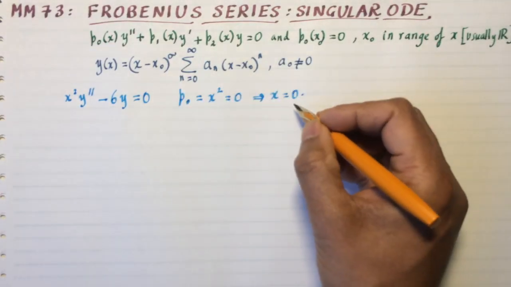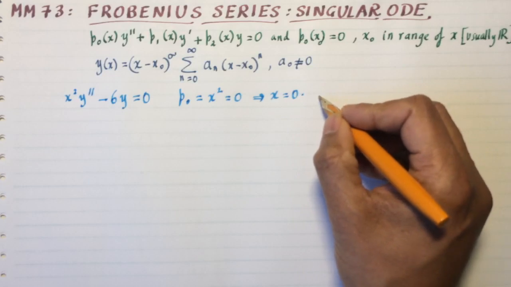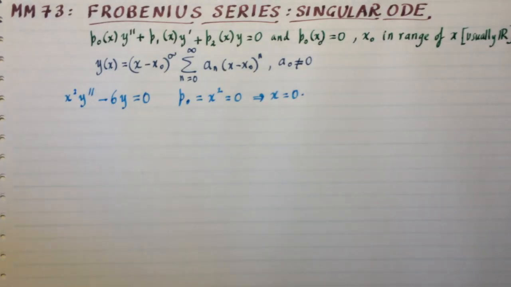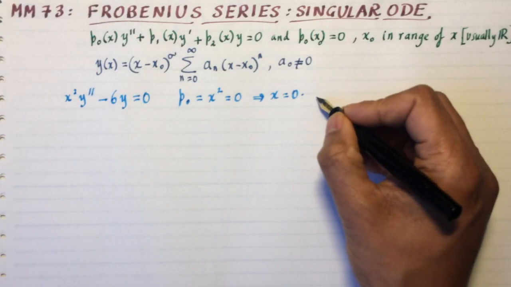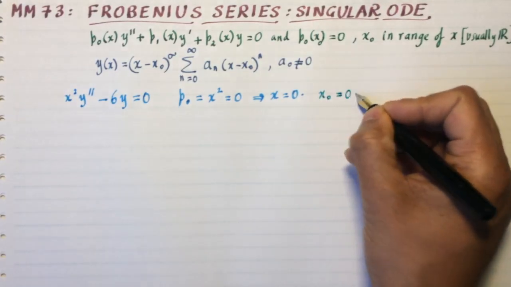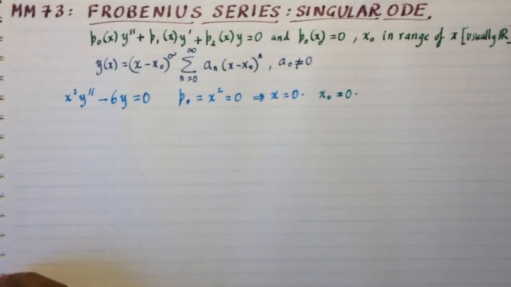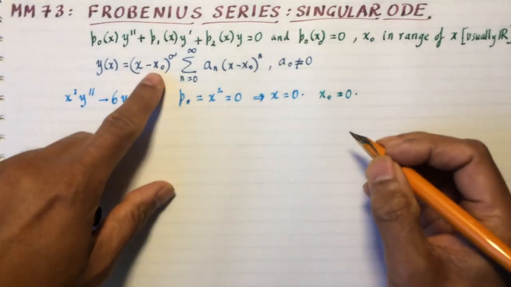In this case, x naught is equal to 0, so we can additionally write x naught equal to 0 here. That's a singular point.